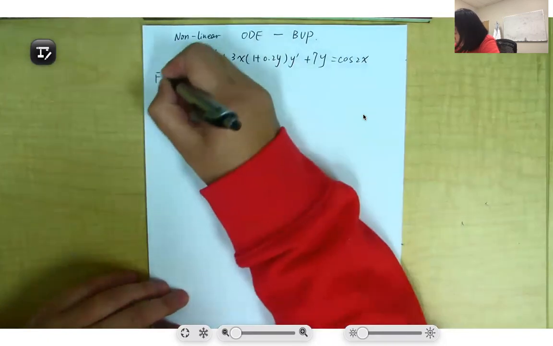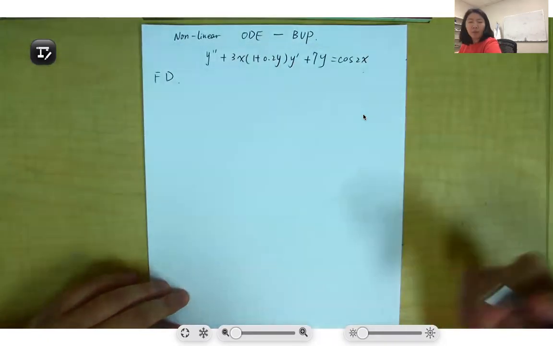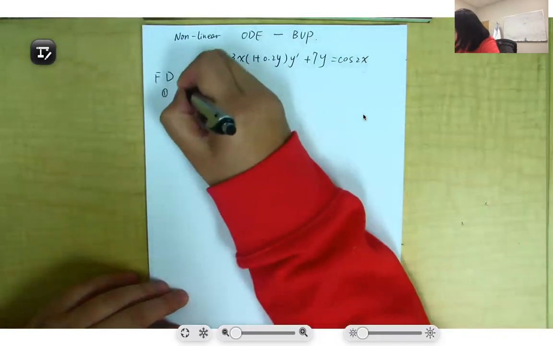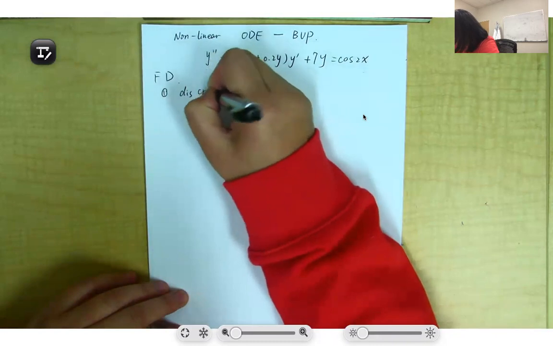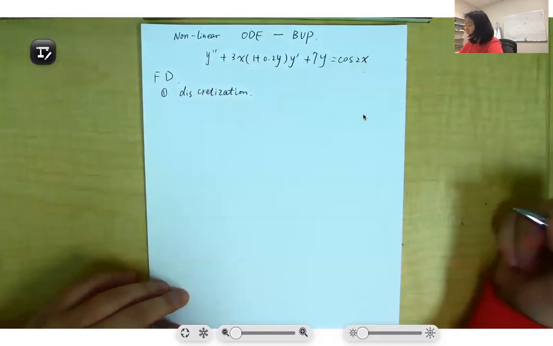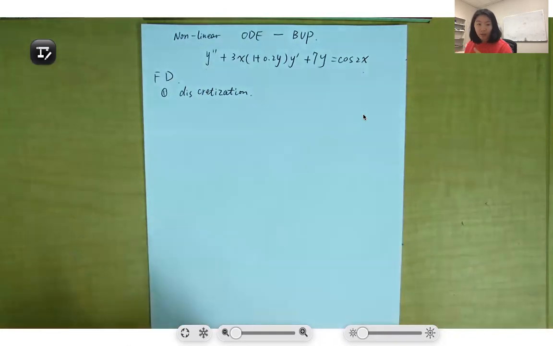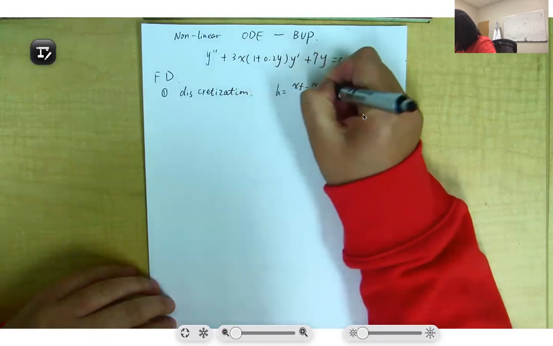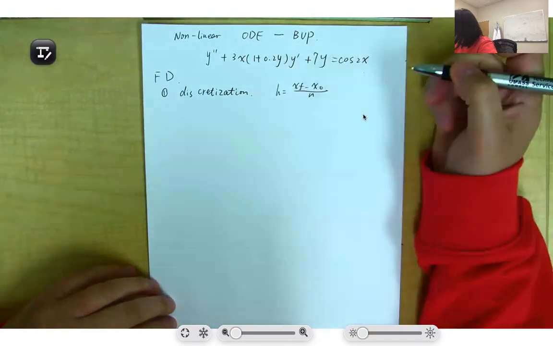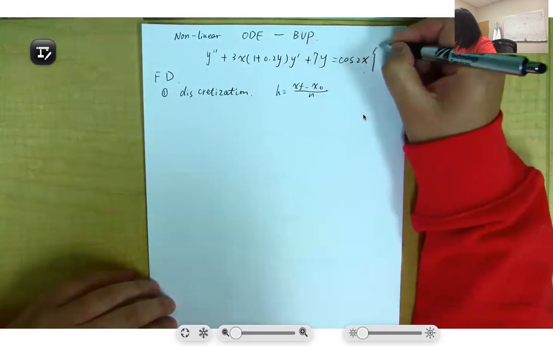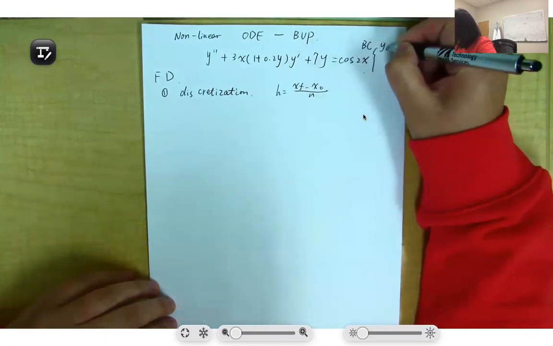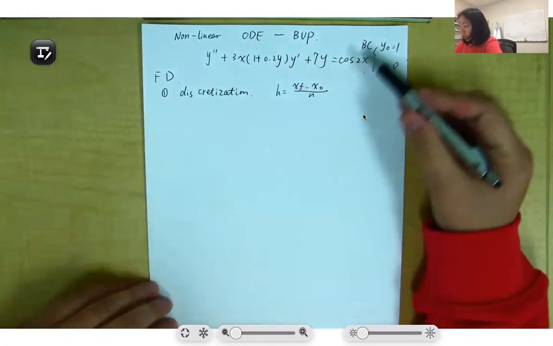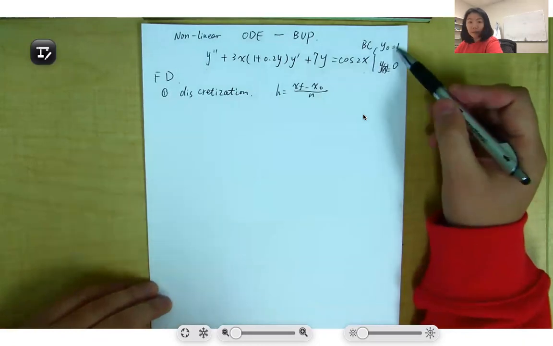Then for the finite difference method, it's very similar to what we learned from the linear ODE. First we do the discretization, which means we separate our x domain into n different points, where h is x final minus x0 divided by n. If our boundary conditions are y0 equals 1 and y(pi) equals 0, these are the boundary conditions at 2 points.